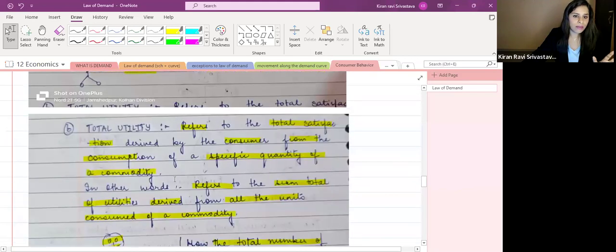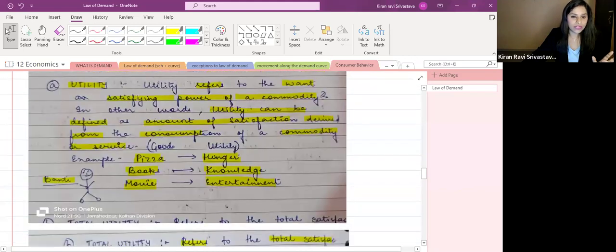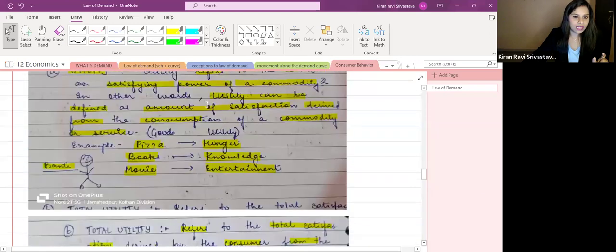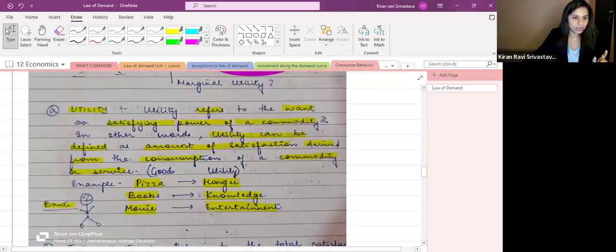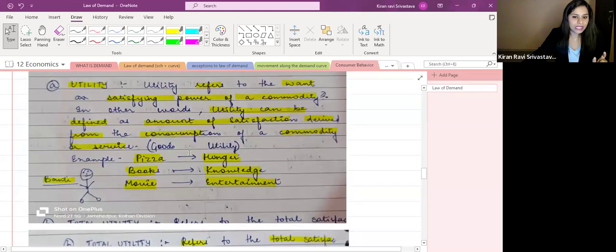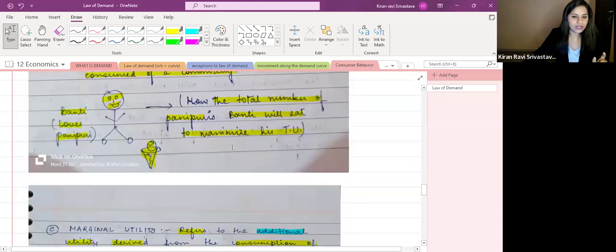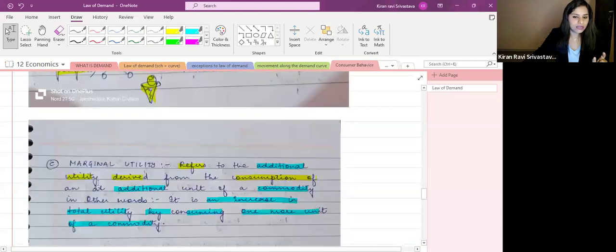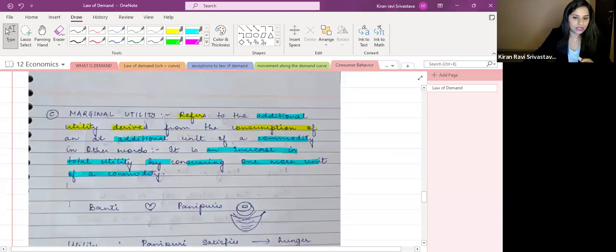If you remember the definition of utility and add the word total satisfaction, then it becomes total utility. And when you add the word additional, utility by consuming an additional unit of commodity, then the utility definition becomes the marginal utility definition.